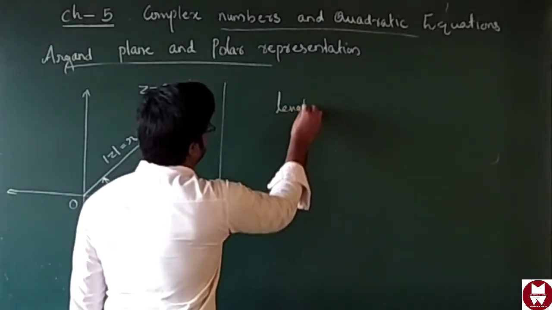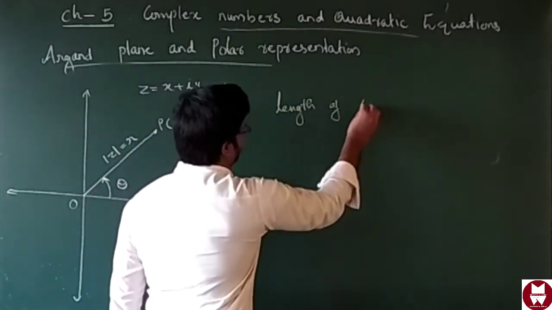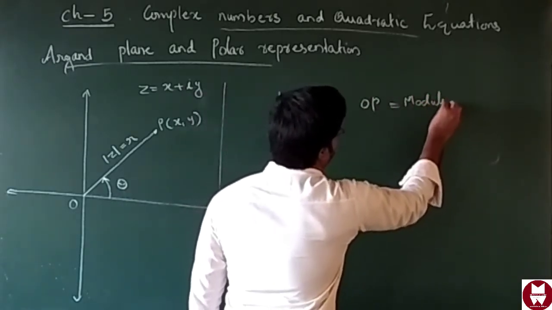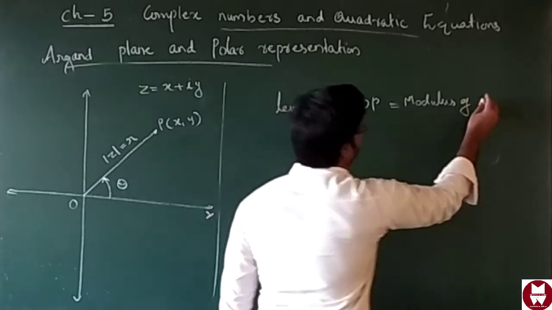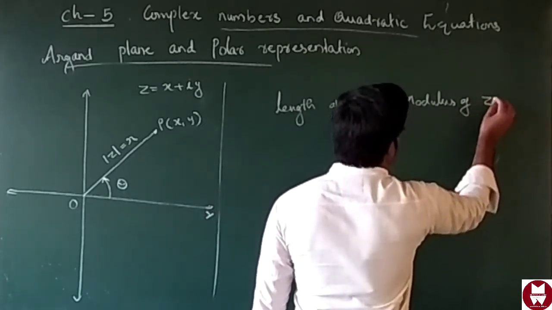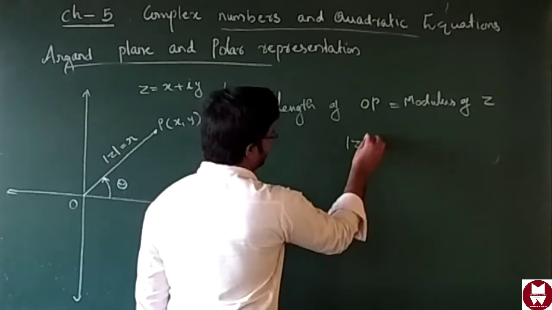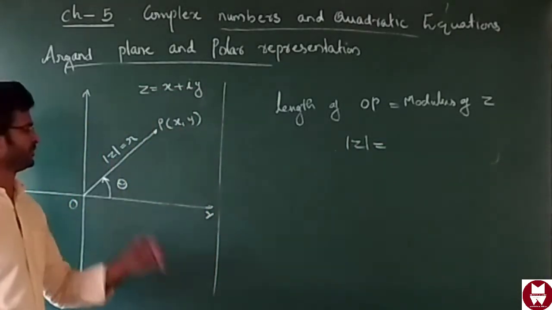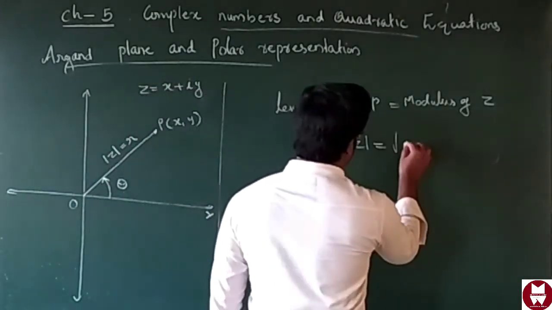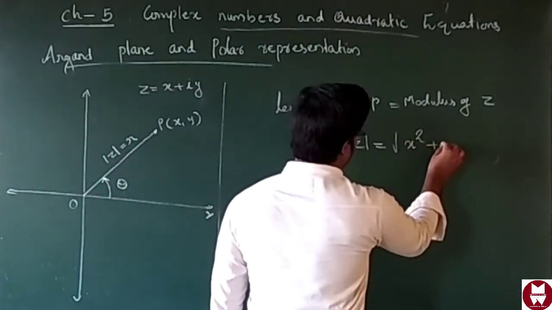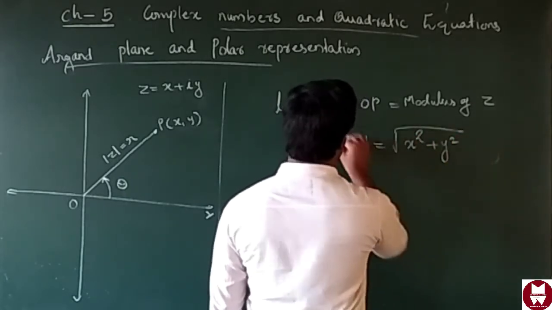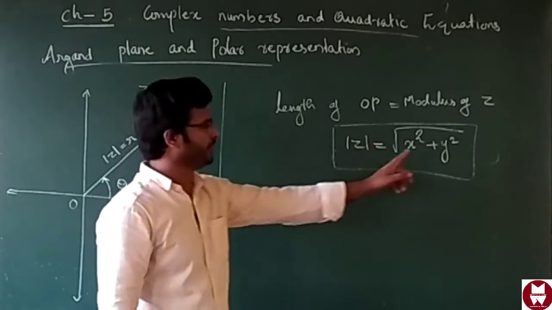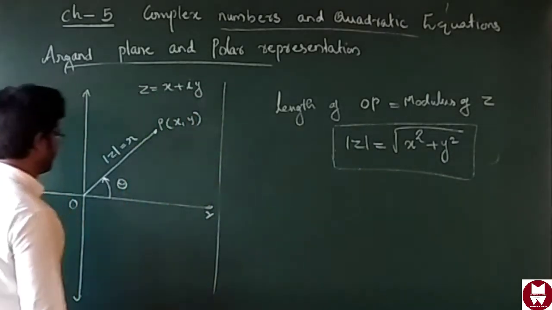The length of OP is the modulus of the complex number, modulus of z. We will use one formula to find the modulus of z, that is square root of x square plus y square. Here x means the real part, y means the imaginary part.